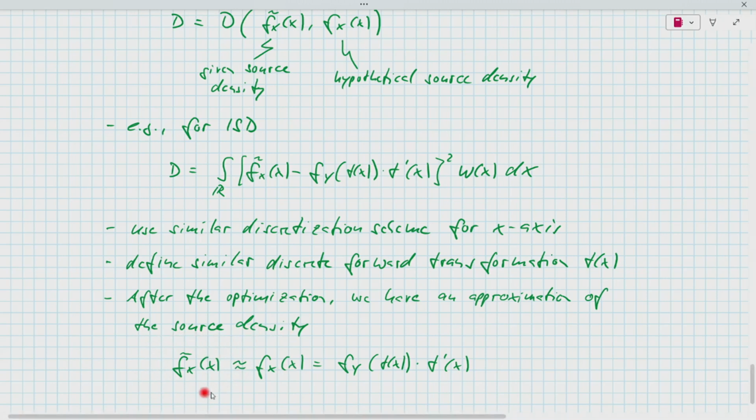And that can be exactly the same that we had before, because it was so convenient. And now we get a distance measure between these two, and of course then an approximation of this density given in this standard form, but in this dual form to the one that we used before. Are there questions concerning that?